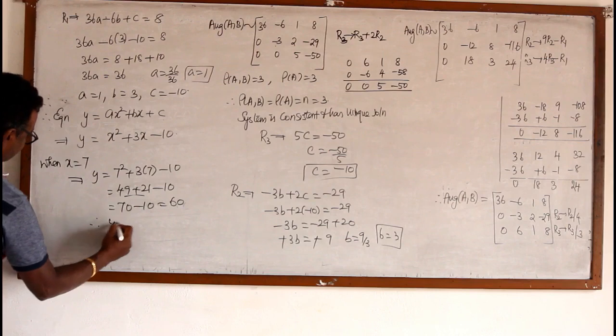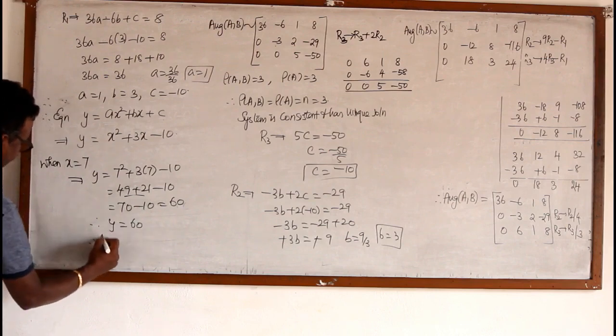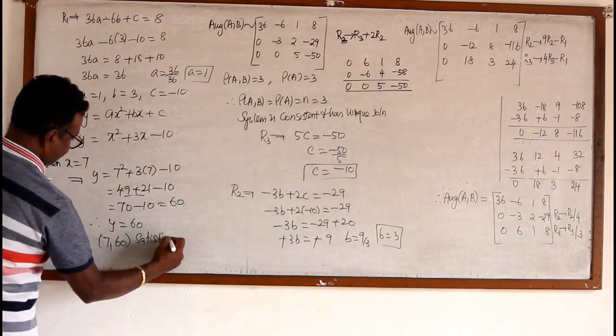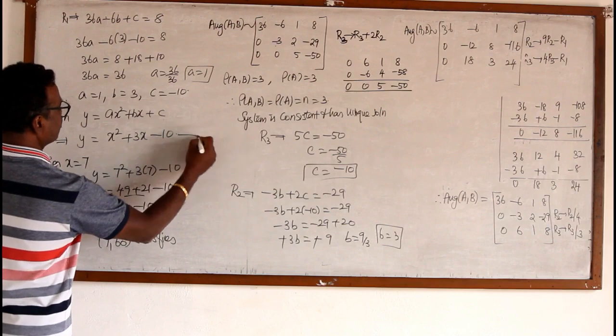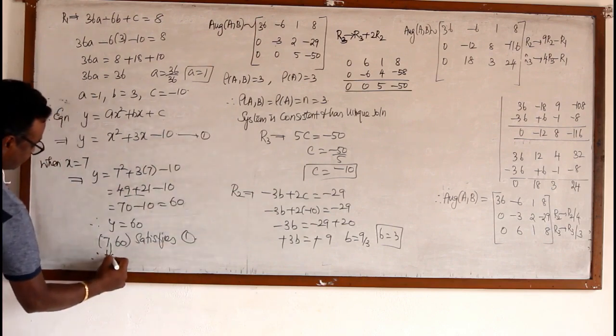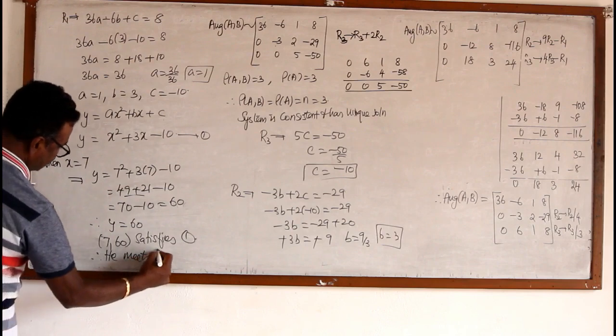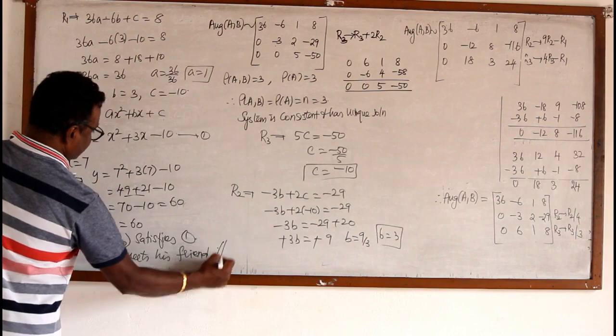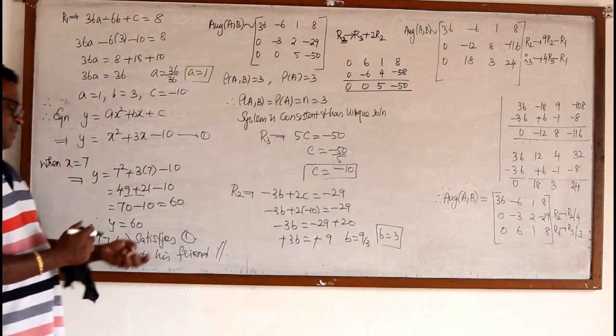Therefore, y becomes 60. So (7, 60) satisfies this equation. That means he meets his friend. So with that, exercise 1.5 is over.